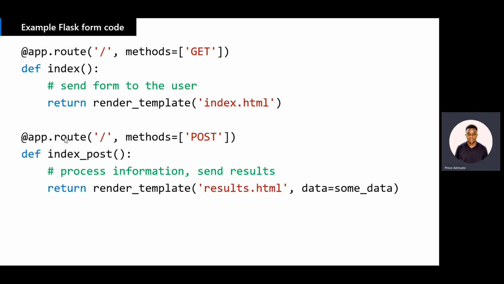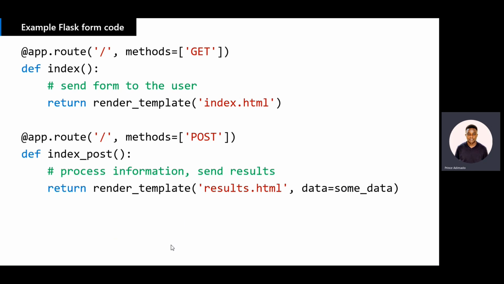But when a person is accessing using the post method inside the index.html, it will return result.html to the user. Once the person submits the form inside the index.html, it returns result.html to the user.